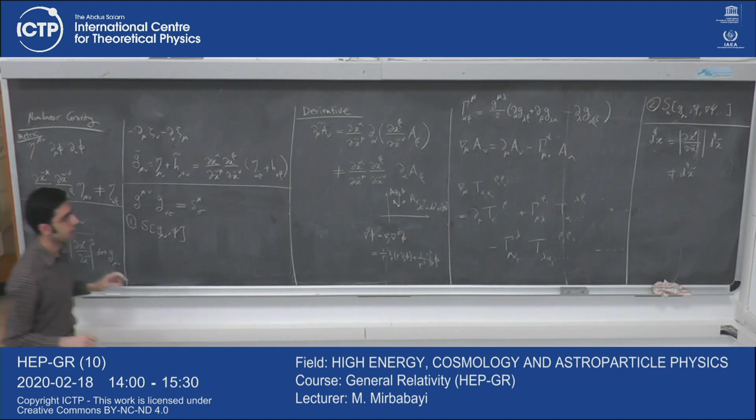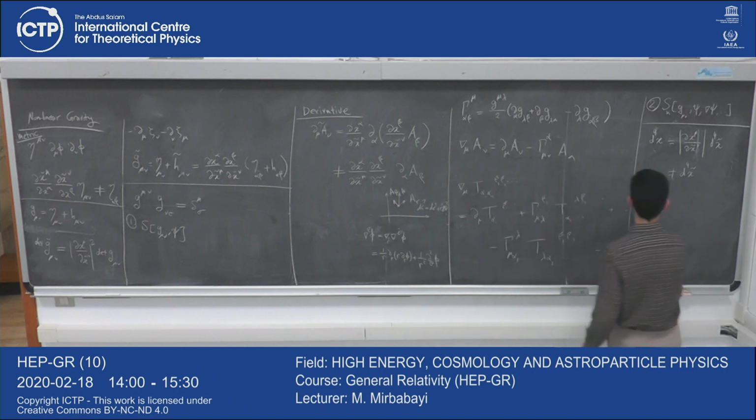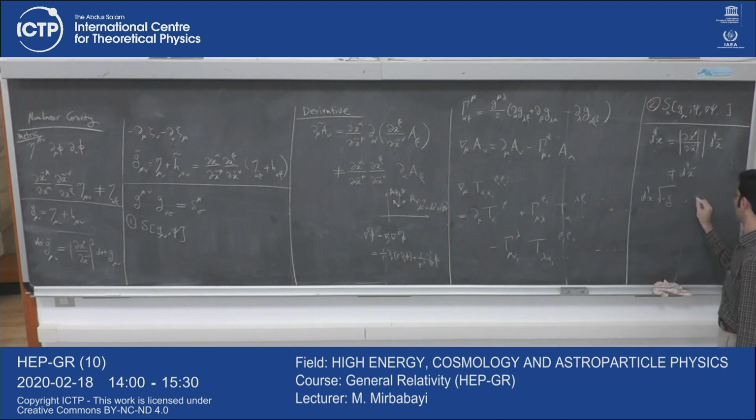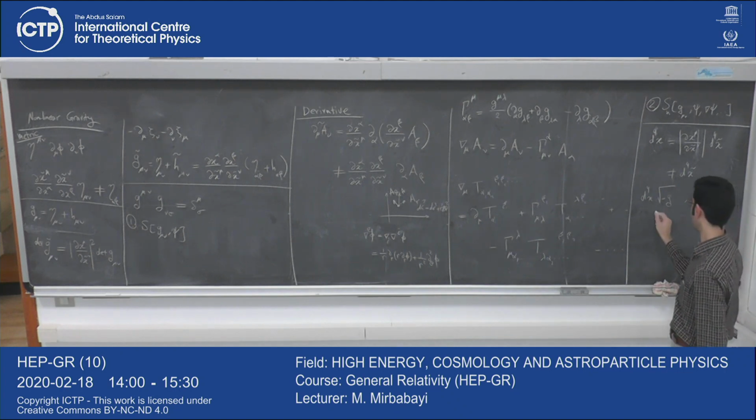So if I look at d4x times the square root of minus g, where g is defined as the determinant of G mu nu, and where the minus is here because we are in Lorentzian signature, so the determinant of the metric is negative, so minus makes it positive. If we construct this object, then this is going to be invariant.